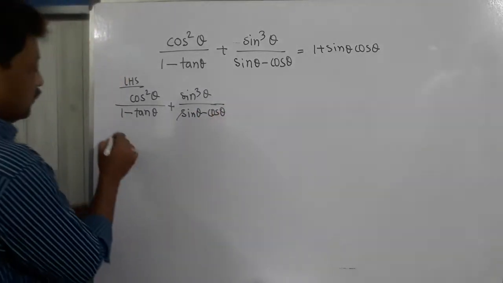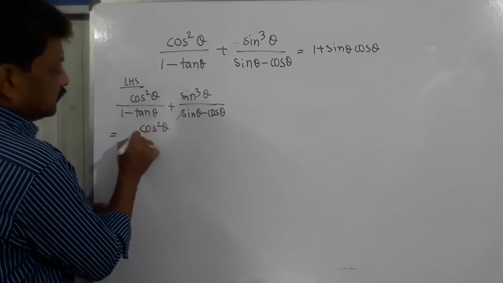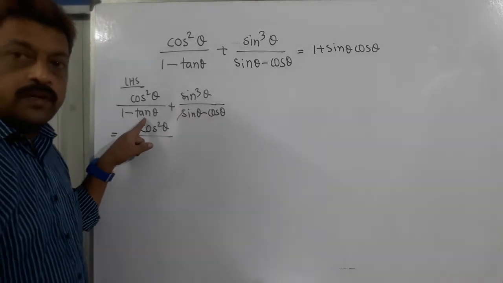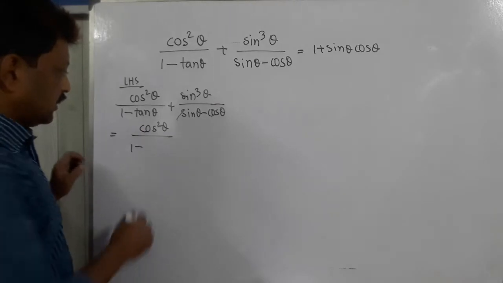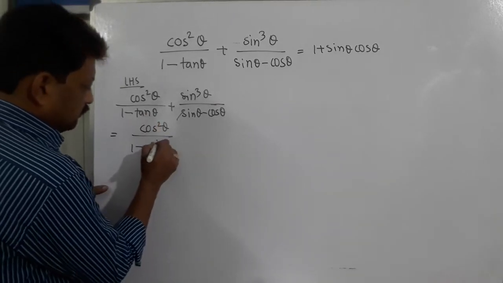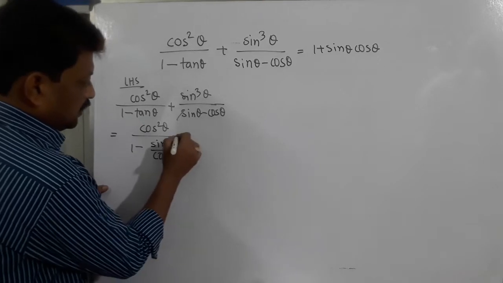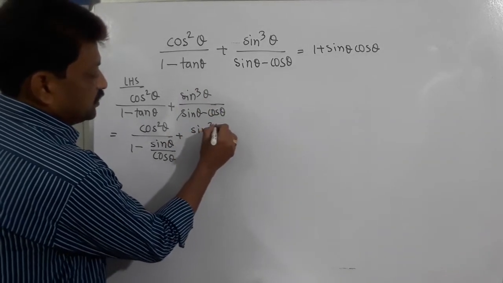Equals, cos square theta will remain as it is. 1 minus, now I am changing this tan theta and writing it as sin theta upon cos theta, and this side I am keeping as it is, no change.